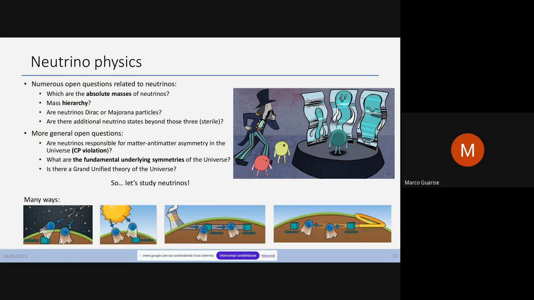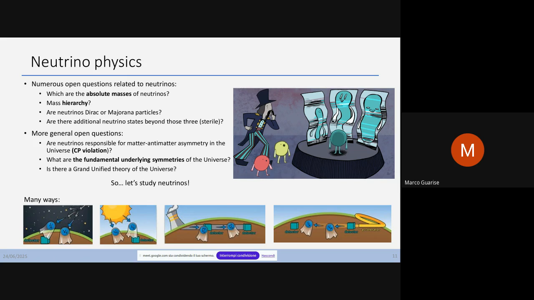We don't know if they are Dirac or Majorana particles, of course, and also, in the Standard Model we have only three flavor states, but there are some theories that foresee more states, the so-called sterile neutrinos. So also in this case, there are many studies to be done.